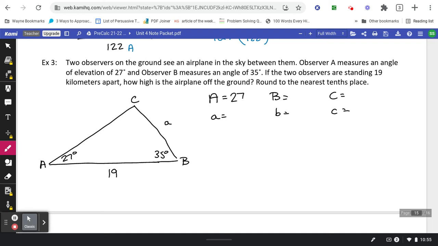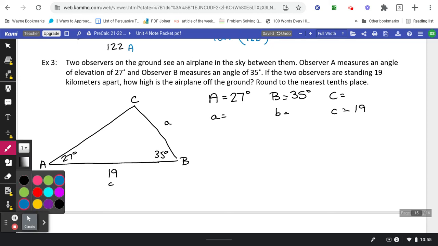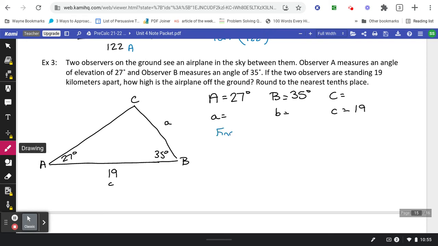Let's put everything into the correct place. 27 degrees, 35 degrees. It's going to be 19 right there. And right now I don't have two of the same letter, but I can easily find C by just doing 180 minus 27 minus 35.